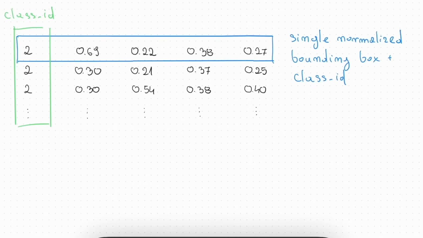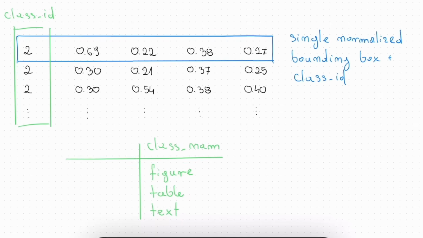Now, what is class ID? That's a convention that we use in computer vision. For example, in our dataset, we have 3 classes: figure, table, and text. Those are the class names. But in practice, it turns out it's often a lot more convenient to use number representation, not the text representation. That's why we map those class names into class IDs.